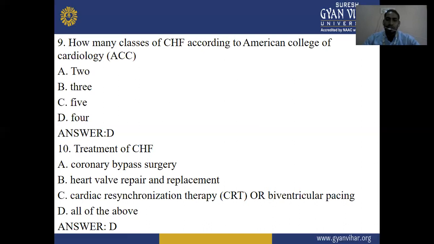Next question is treatment of congestive heart failure. Option A is coronary bypass surgery. Option B is heart valve repair and replacement. Option C is cardiac resynchronization therapy, CRT.